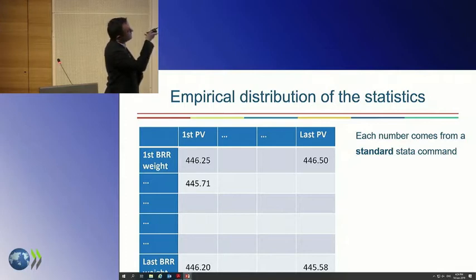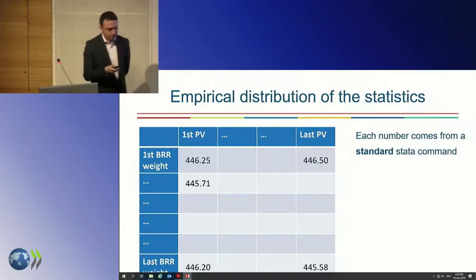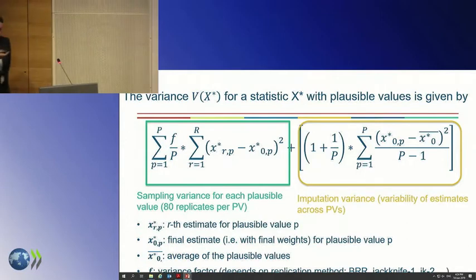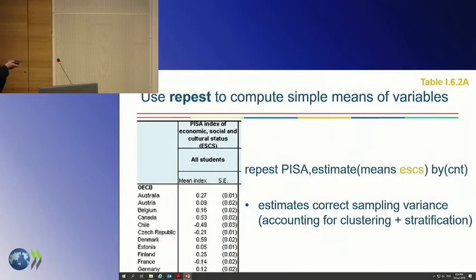It's the same thing with plausible values. We have different random draws of plausible values, and that's it. And here's the formula we apply. It seems to be complicated. The thing is, it's just empirical variance: empirical variance for the sampling variance, empirical variance for the imputation variance.